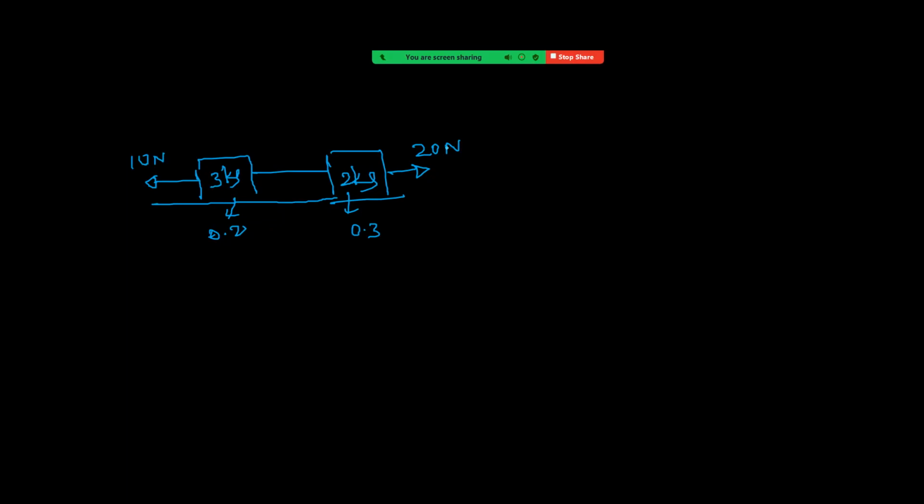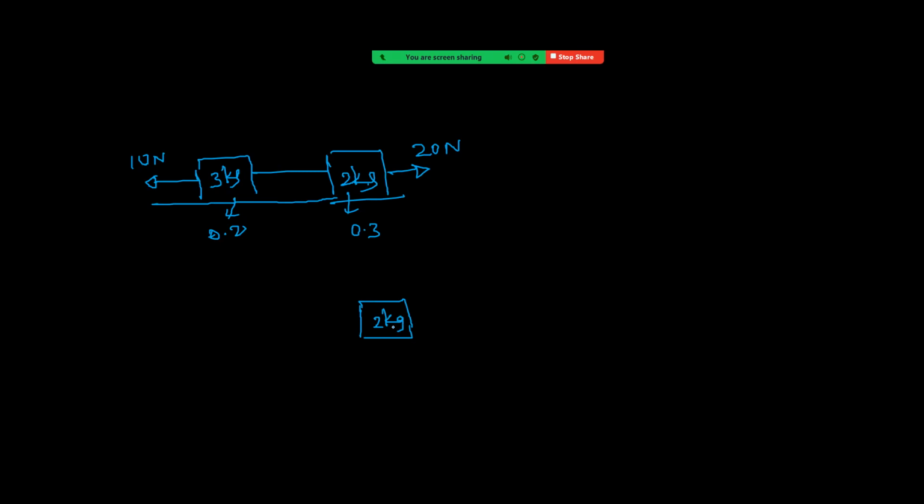So the system cannot move. Therefore, on each block, the net force must be equal to 0. In the previous question, we saw that if you start with the 3 kg block, we got a wrong answer. There I told you to start with the block on which more force is acting. So start with the 2 kg block. Then see what happens. On each block, net force must be 0.